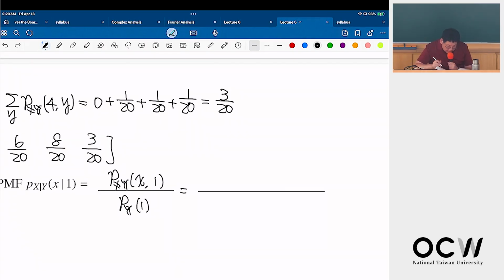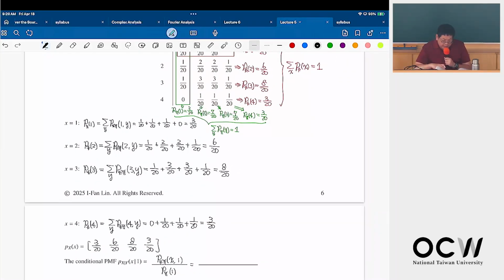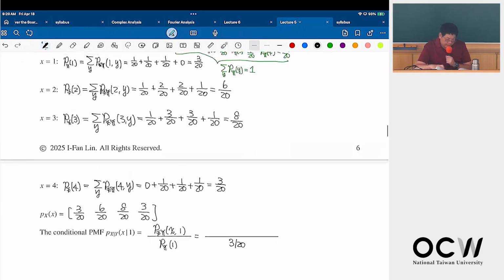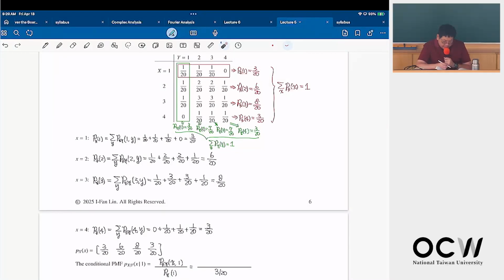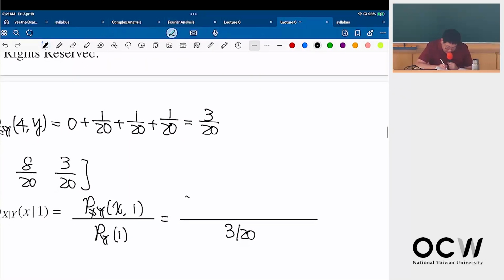The marginal PMF of y at 1, we found, the first column, is 3 over 20. And then the joint PMF of x and y equals 1, the first column, we have 1 over 20, 1 over 20, 1 over 20, and 0.